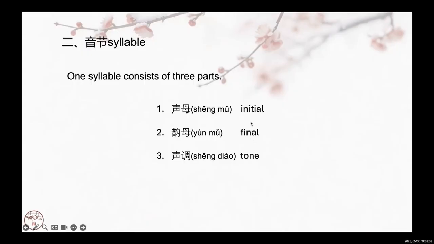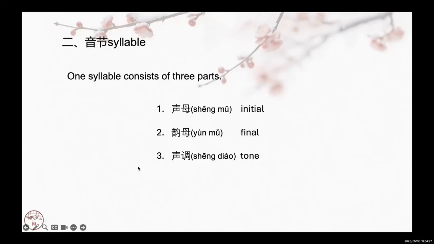Final comes after initial. 韵母. The third part is tone. Every Chinese character has a tone, either 1, 2, 3, or 4. So for most Chinese characters, every syllable has these three parts, and they are all mandatory.